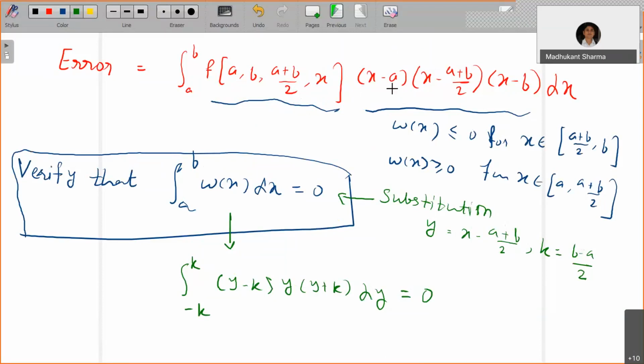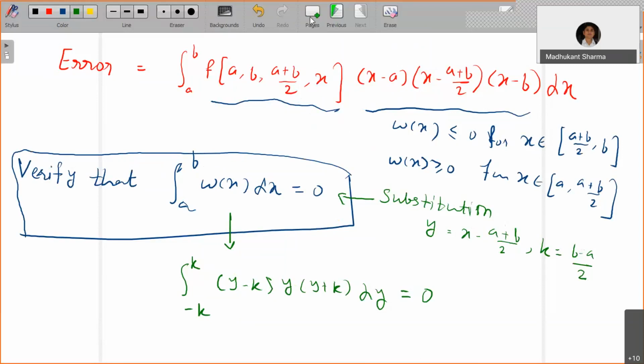So you consider the next term. This means the rule is going to be exact for polynomials of degree less than or equal to 3, because then the error is approximated by the fourth order derivative.